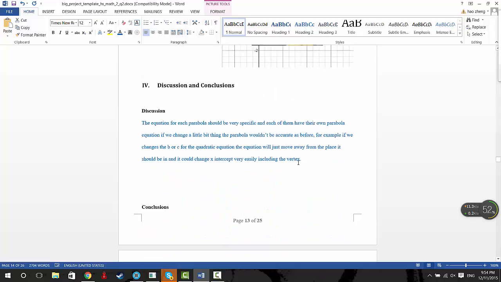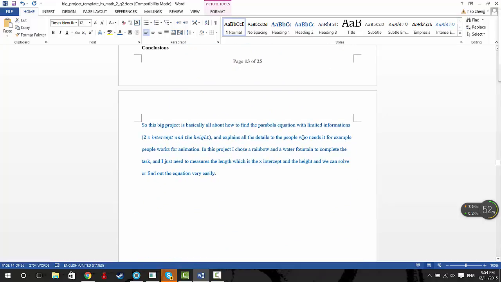Okay, in conclusion, this big project is basically all about how to find a parabola equation with limited information. What I mean by limited information is two x-intercepts and the height, and explaining all the details to the people who need it.